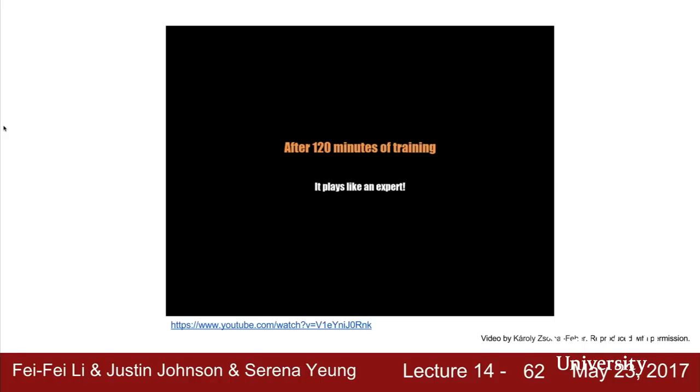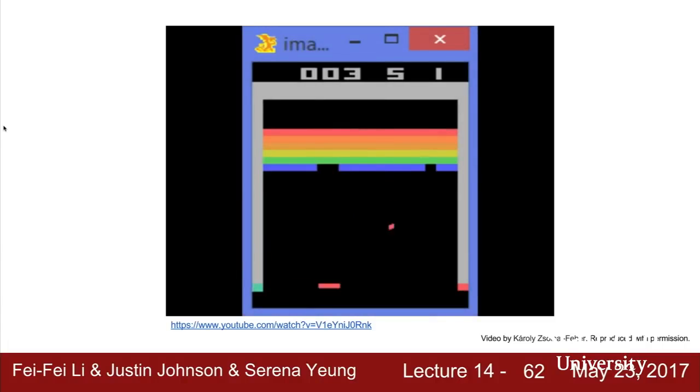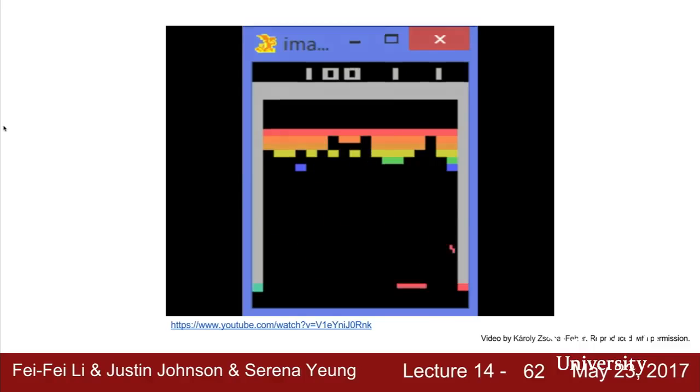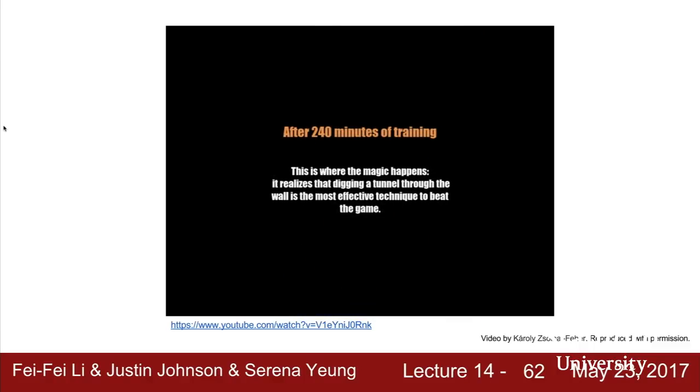Okay, so now after some more training, it looks like a couple hours, it's learning to do a pretty good job here. It's able to continuously follow this ball and remove most of the blocks.